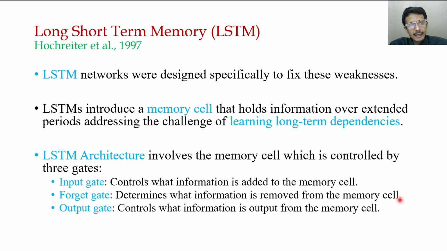LSTM, the full form of which is long short-term memory, was proposed in 1997. LSTM is basically designed to specifically fix the weaknesses of naive RNN. So how does LSTM fix this problem of RNN? Essentially, LSTM introduces a memory cell, and we are going to understand this part in the lecture.